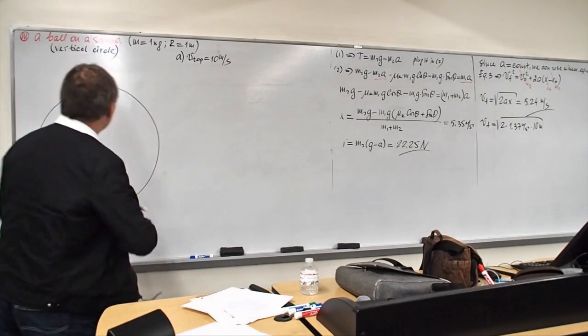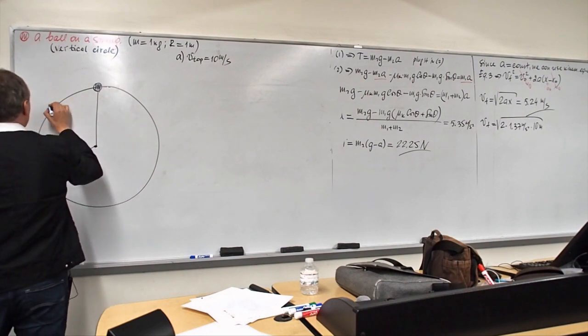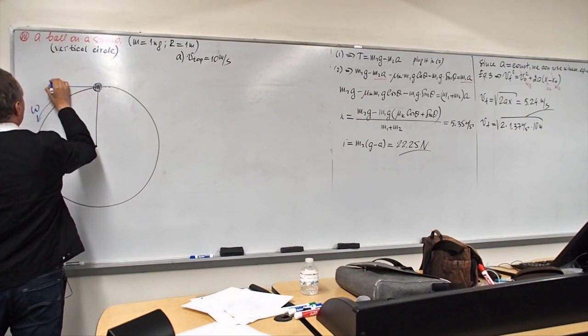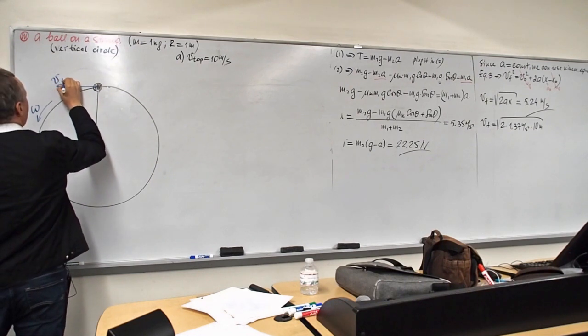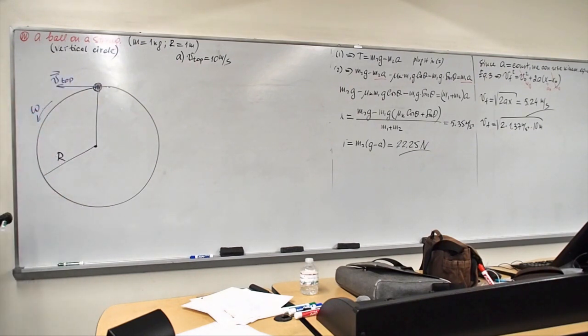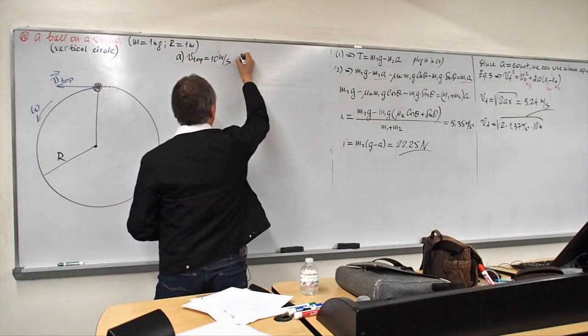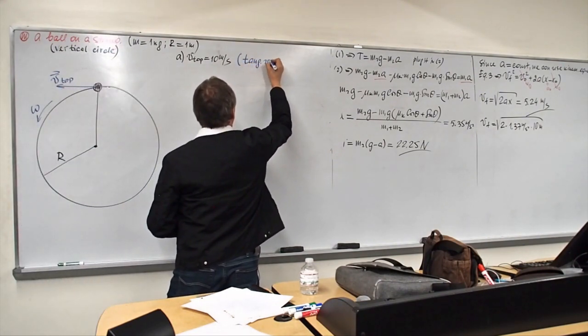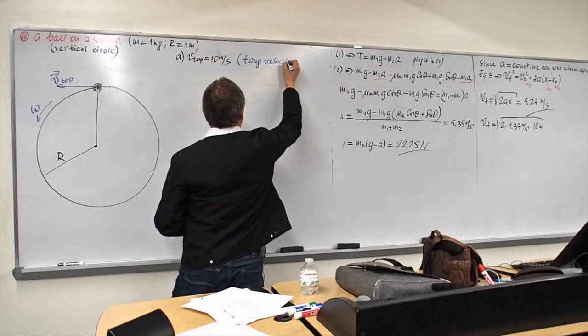I assume it spins this way, that's omega, and we're talking about this V, V at the top. It's a tangential velocity. Let me emphasize that: that is tangential velocity.